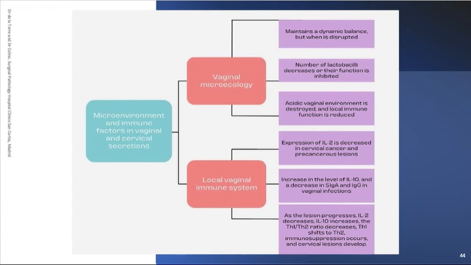The local vaginal immune system includes IL-2 and IL-10 representing cellular immunity, Th1 and Th2 cells that can enhance cellular immunity and suppress immune response, respectively, and secretory immunoglobulin A and immunoglobulin G, which are the main components of humoral immunity.